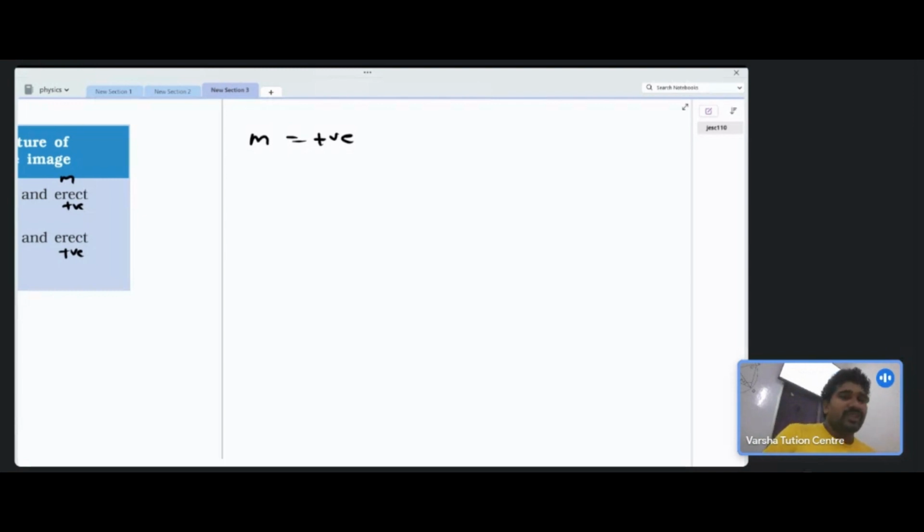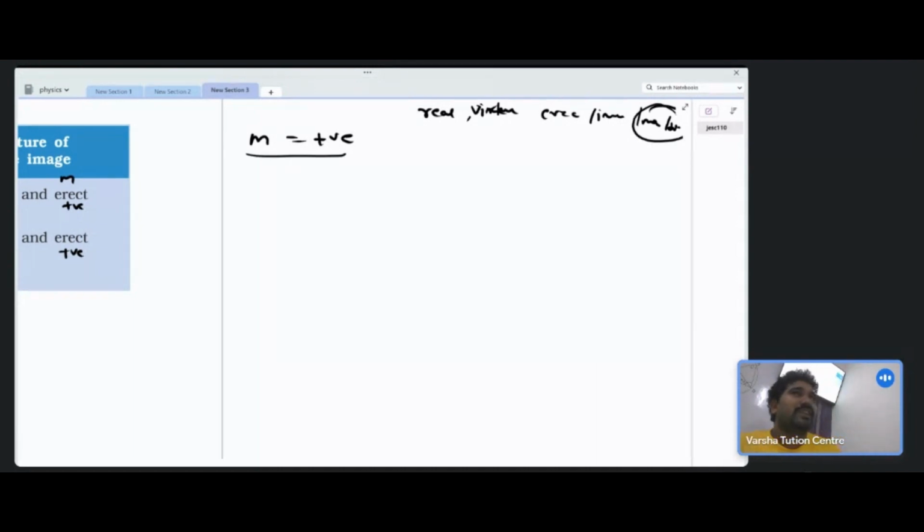Nature means what you have to tell: real or virtual, erect or inverted, magnified or diminished. Clear? I said only M positive. What are all the things you can tell?